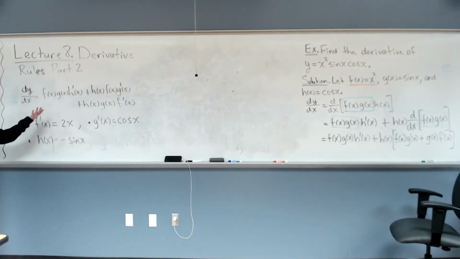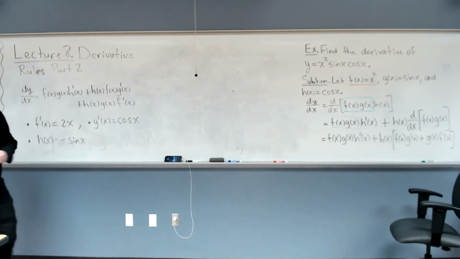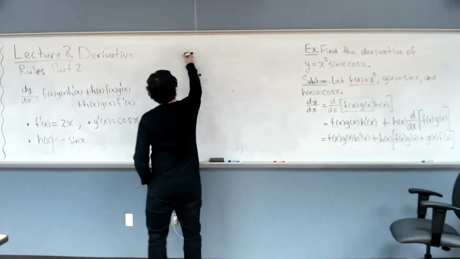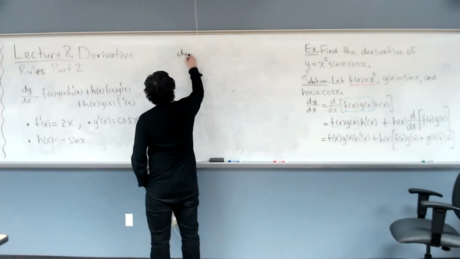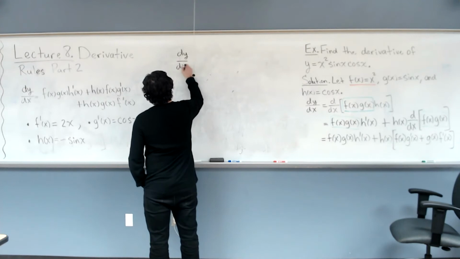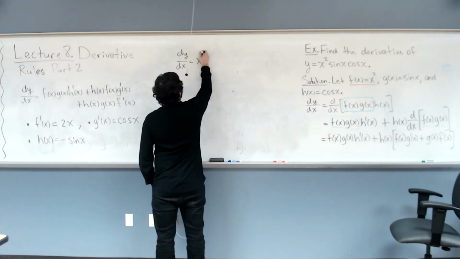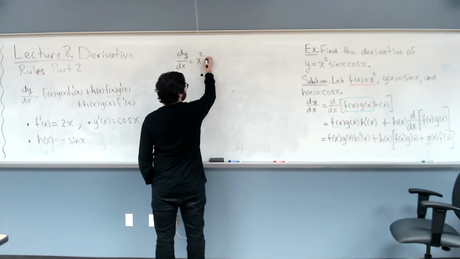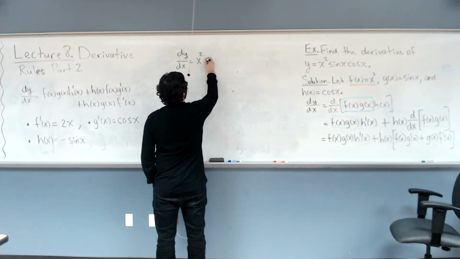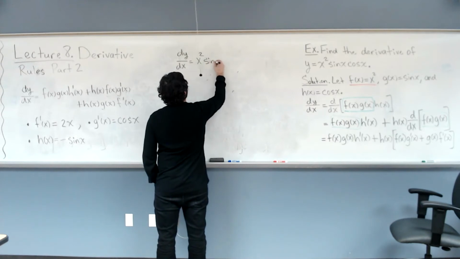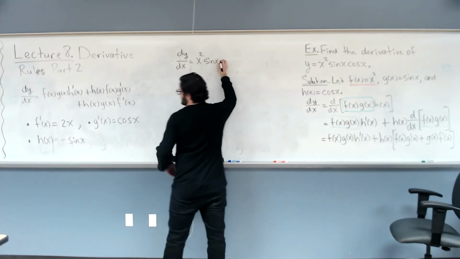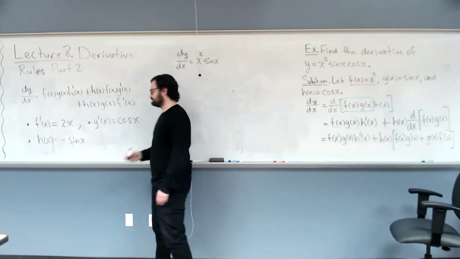Again, this is the complete solution here. Anyone reading this could plug them in and get something. But let's go ahead and plug them in to see what it should look like. So dy dx, I just have to fill everything in. We have x squared times sine of x times h prime, which is that.